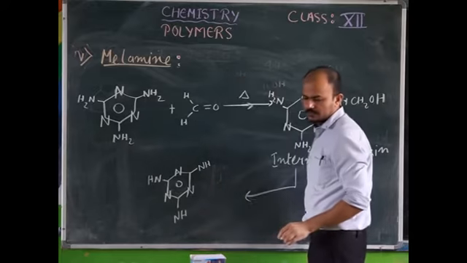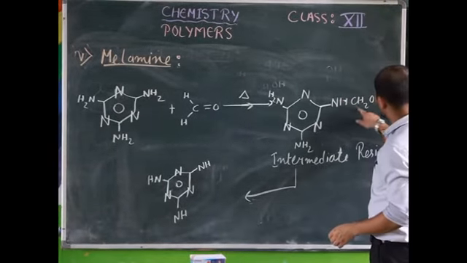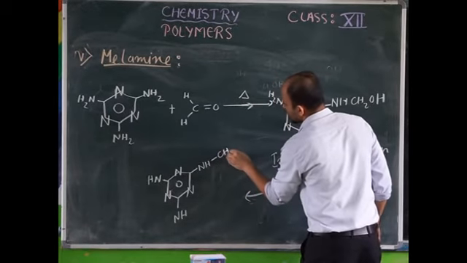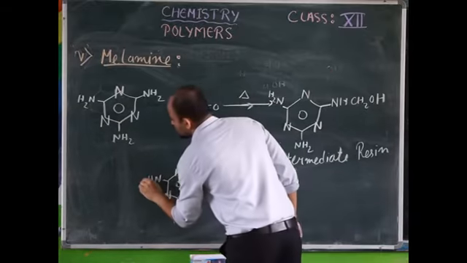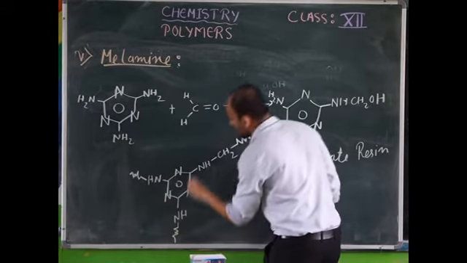Now this chain will continue. Here we have NH2. Now NH and CH2, so this contains CH2. This chain will continue in a zigzag manner. Similarly here also the chain will continue, and this side also the chain will continue.